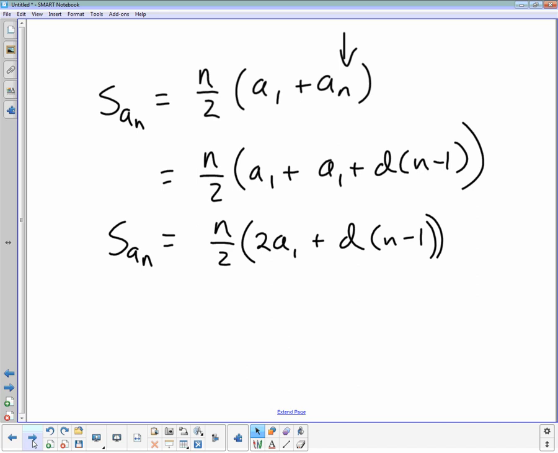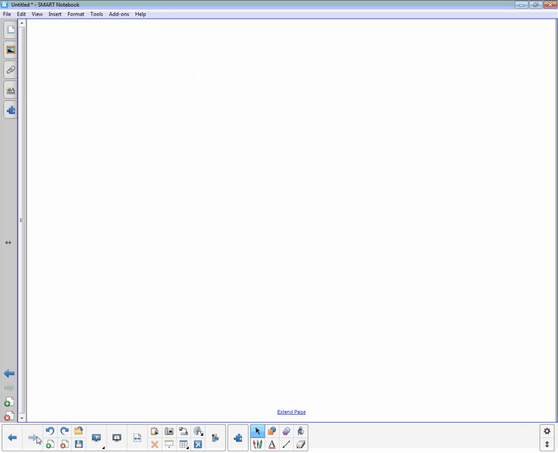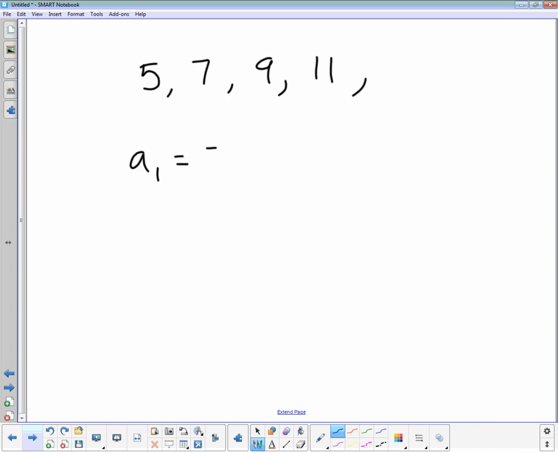Oh, explicit and recursive. Okay. All right, this is explicit. What I'm looking at right here is explicit. A recursive has 2 parts. So if I have terms that go 5, 7, 9, then I would say A1 equals 5, and then the rule.